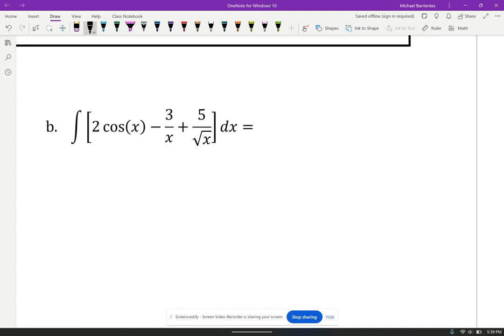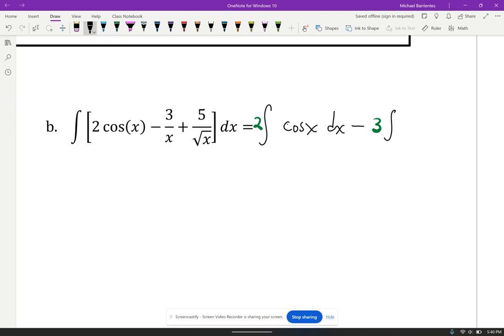So I'm looking for the antiderivative of this. But this function has 1, 2, 3 pieces. So we can break it up into the antiderivative of 2 cosine x. And by the way, since I noticed there's a constant, I'm going to go ahead and write the constant in the front of the integral. dx minus, there's another constant, so I'm going to go ahead and write it in front of the integral symbol.